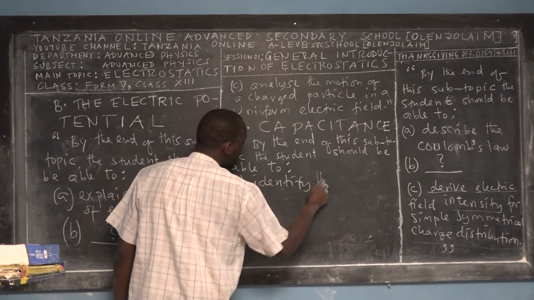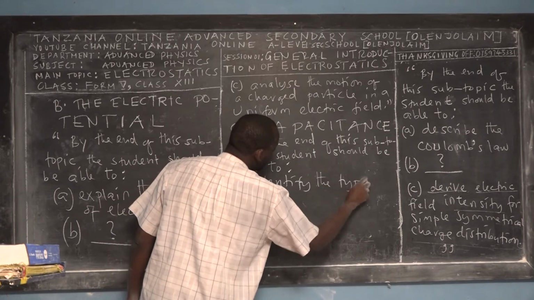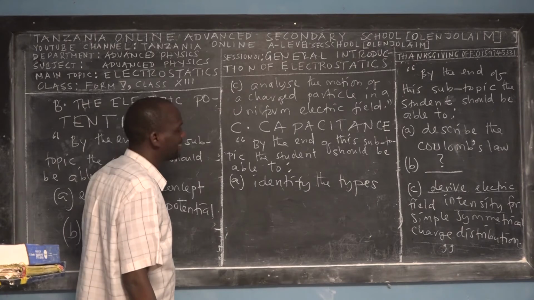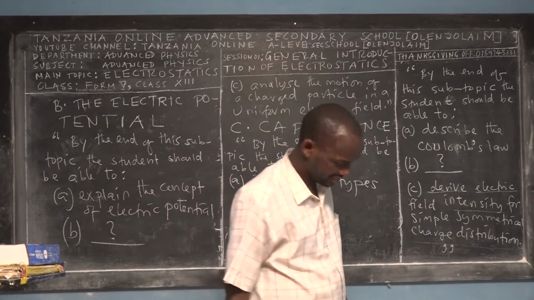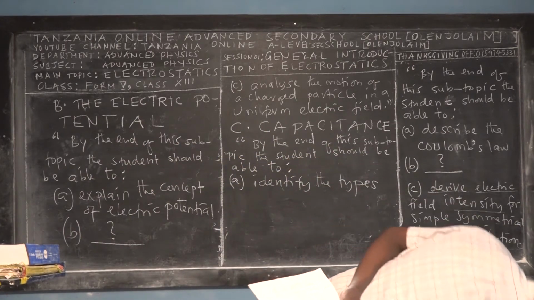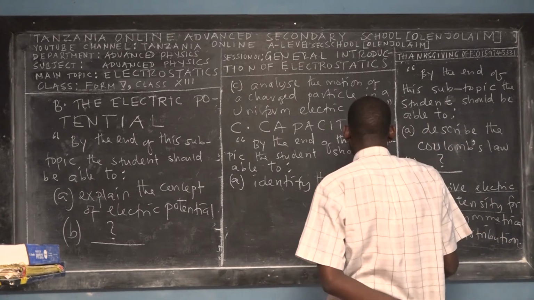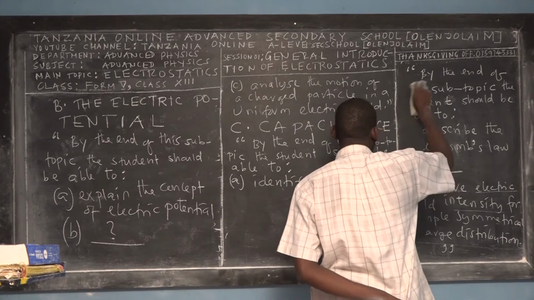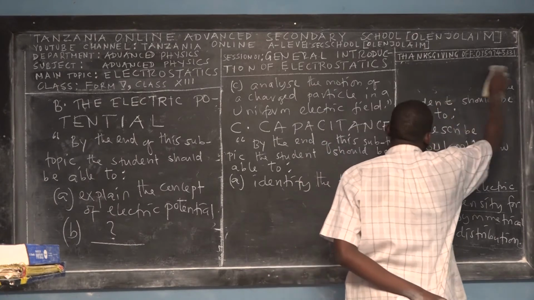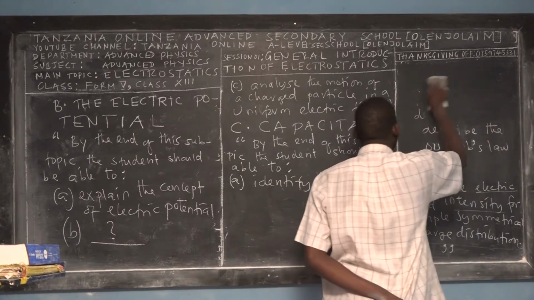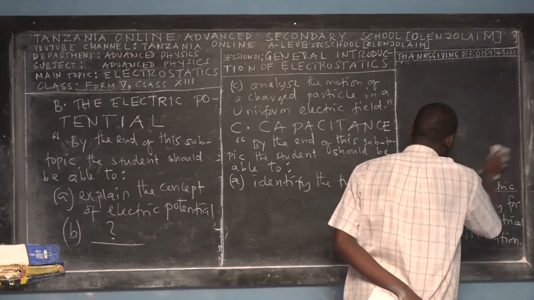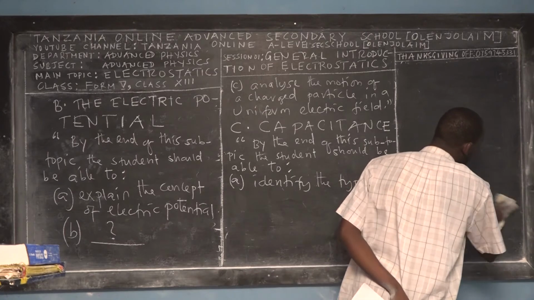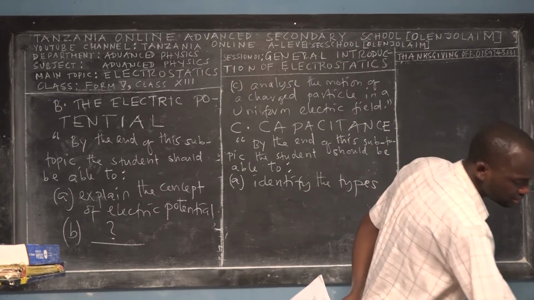identify the types. When I will be teaching you this topic, I will show you, because the good news is that, according to God's will, He has called me and given me His vision in electronics engineering, electrical engineering, biomedical engineering, telecommunication engineering, computer engineering, and computer programming.